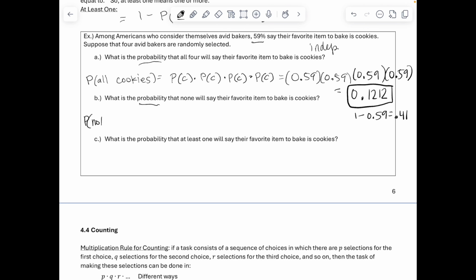So the probability not cookies, and we'll say all 4 are not liking to bake cookies, is going to be the probability the first is not cookies, the second is not cookies, the third is not cookies, and the fourth is also not cookies. And so this is 0.41, and you can multiply it 4 times, or as we stated before, to the 4th power.